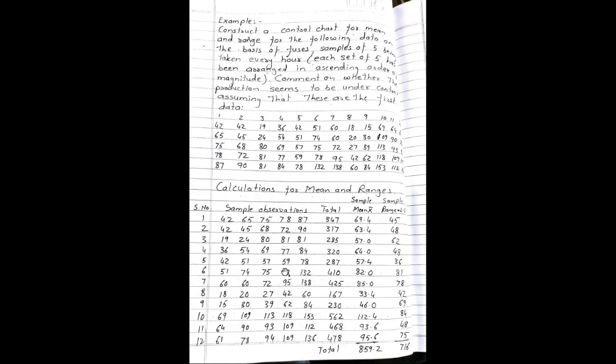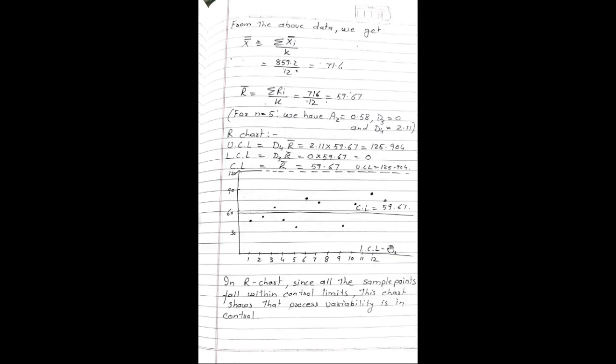What is the first range value? 45, 48, 62. So this way we will plot all the points on this chart. We can see that in the R chart, since all the sample points fall within control limits, this chart shows that process variability is in control.